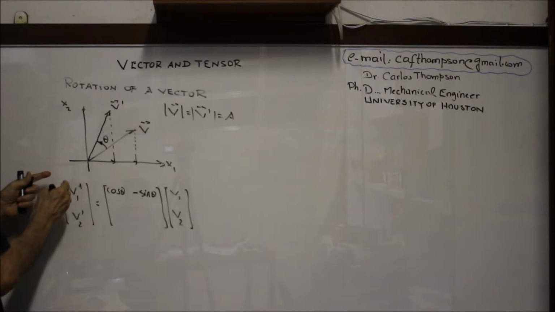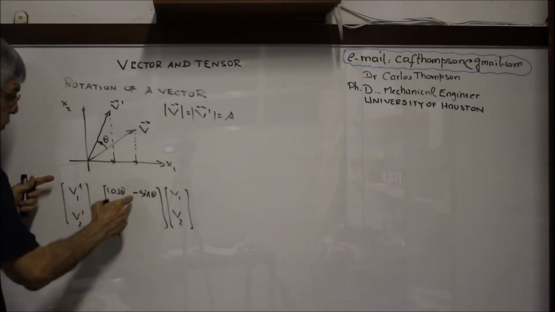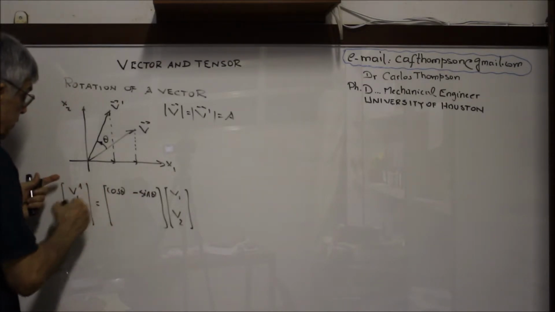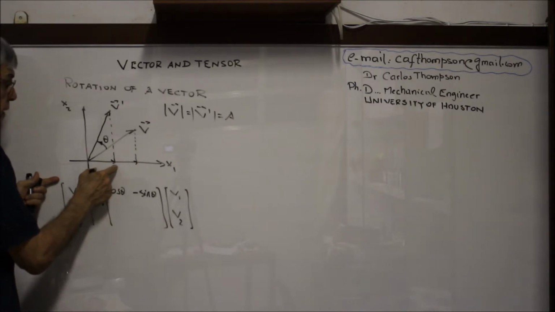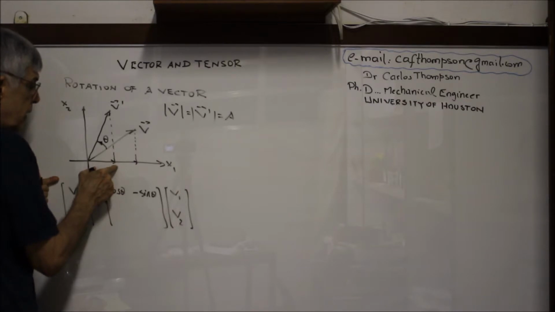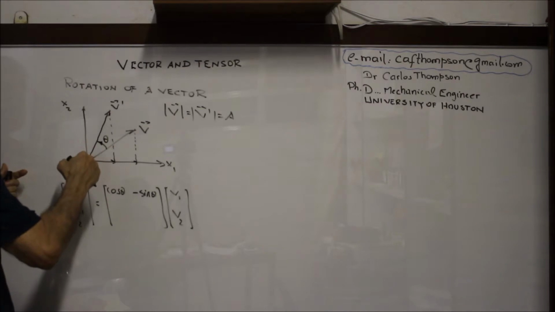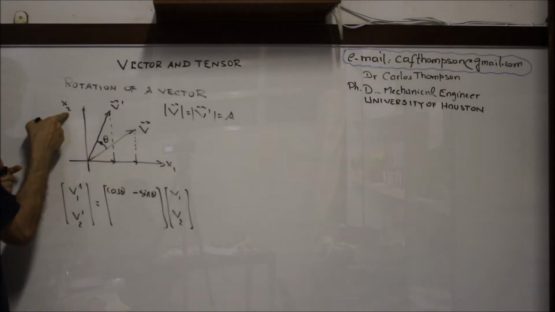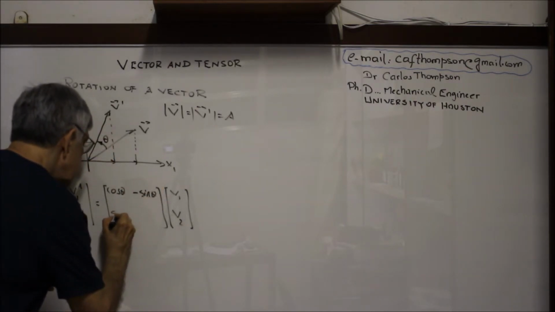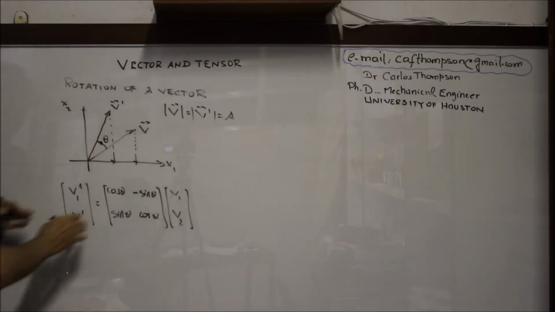Because see, look, V1 prime is here, V1 is here. So this sine tells us that V1 prime will be less, the length of this vector will be less than the length of this vector. On the other hand, the x2 component of V prime will increase. That will put here sine theta and cosine of theta. See, that's a trick.